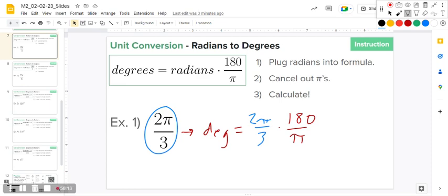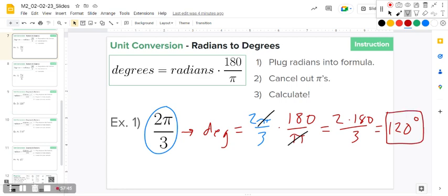Now we can cancel out the pi's because we have one up top and one on bottom. And then we can calculate just by multiplying across, right? We have 2 fractions multiplied by each other. So we have 2 times 180 divided by 3. We have a nice handy dandy calculator here that's going to tell us that that is 120 degrees. And let's finish out that problem just by putting a box around our answer, making sure we have that degree symbol notating the units.